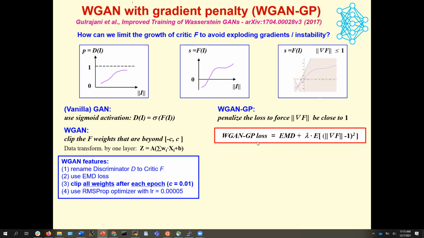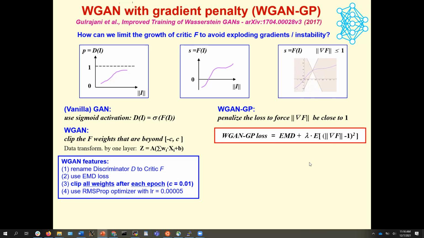So the loss function of the Wasserstein GAN with gradient penalty would be the same as the loss function of the WGAN plus some hyperparameter times the expected value of this expression. It's the norm of the gradient of the loss minus 1. So this term will be non-zero and will penalize the loss whenever the norm of the gradient is different from 1. If it's exactly 1, it's just 0.